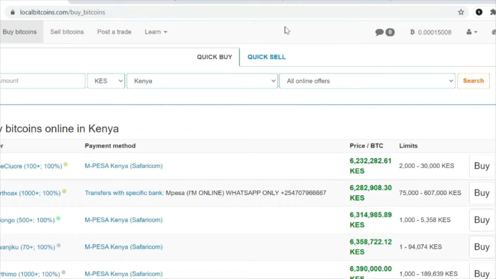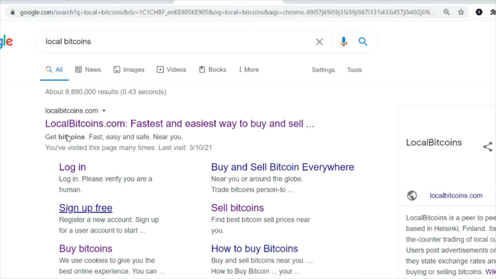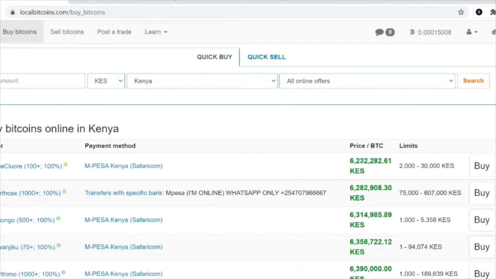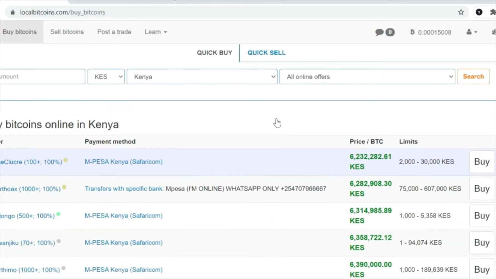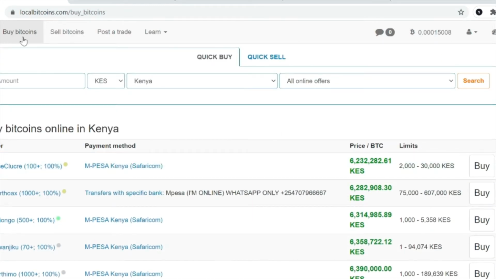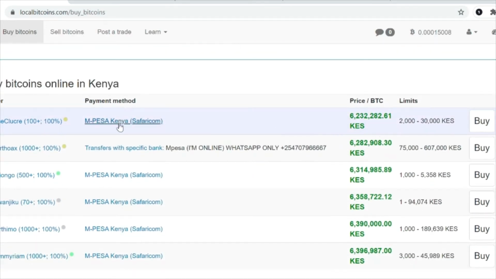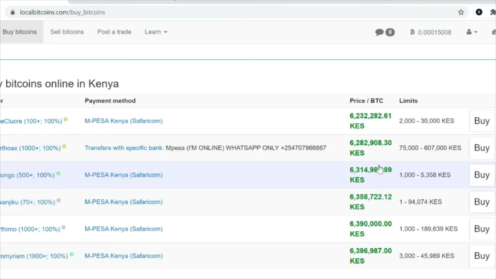If you register with Local Bitcoins, they will ask you for your ID and details for auditing purposes. And if you click buy here, you can find many people posting their bids, and they sell at very small commissions, so that they get something.